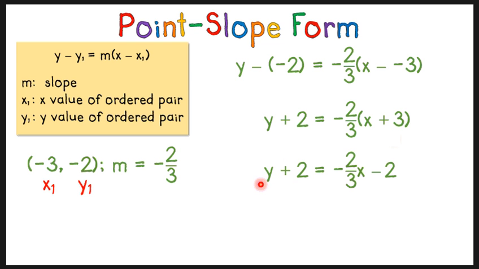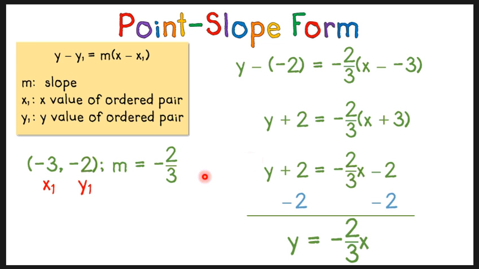We are still continuing to isolate y, so the inverse operation of this addition of 2 is to subtract 2 from both sides. And so our equation in slope-intercept form is y equals -2/3 x minus 4.